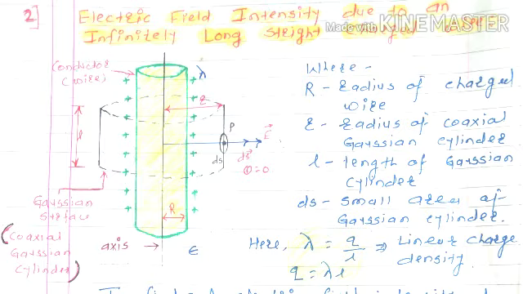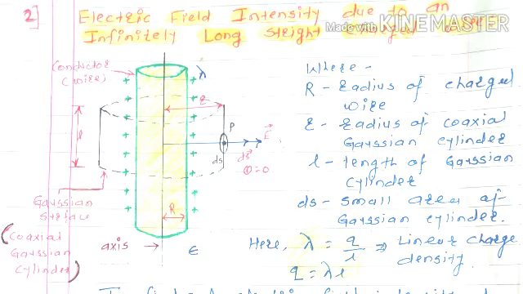Now we want to find the electric field intensity outside the conductor. Let's consider point P, where we want to find the value of electric field intensity, and the distance of point P from the axis of the conductor is small r.